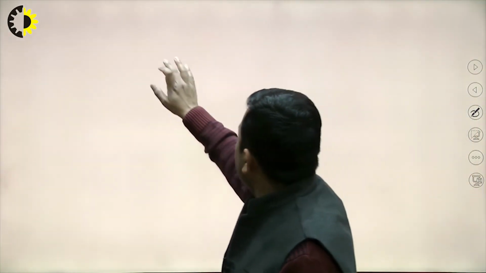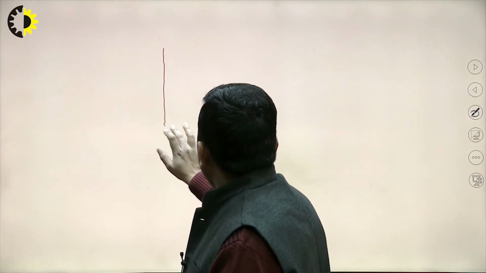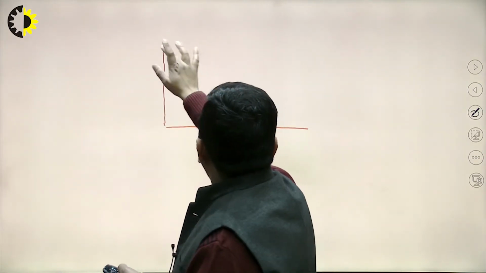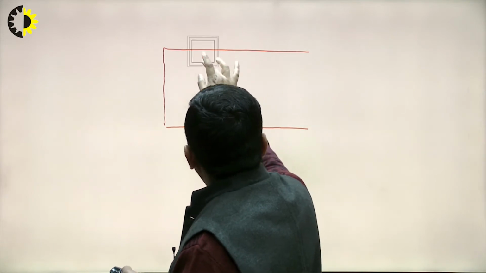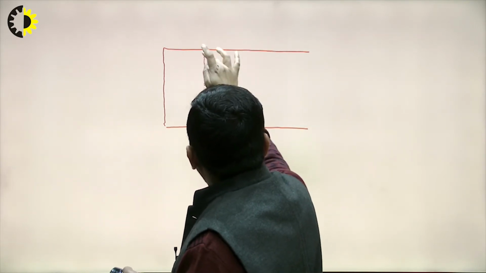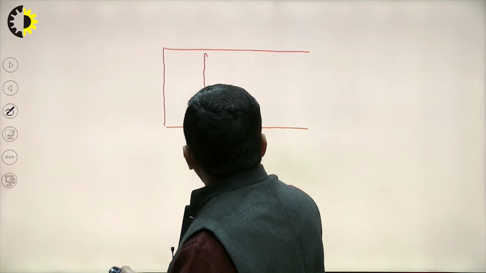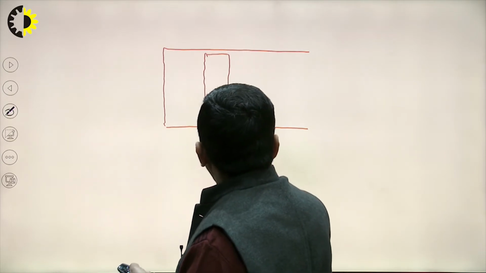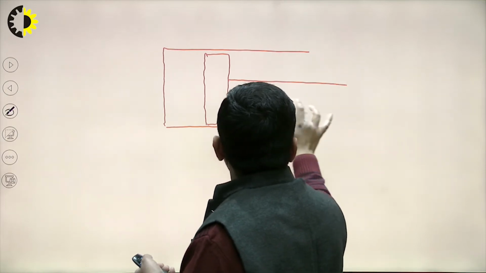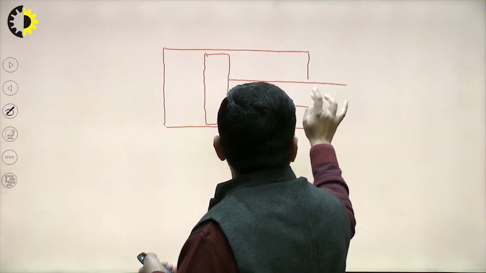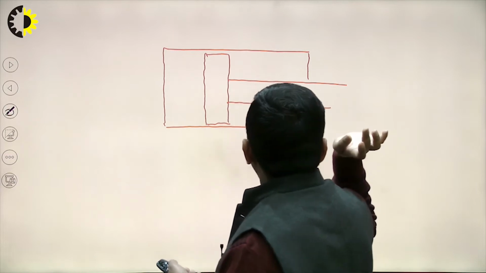Cylinder and piston arrangement. So let me draw the simplest diagram. This is what I am trying to draw, the cylinder and piston arrangement.